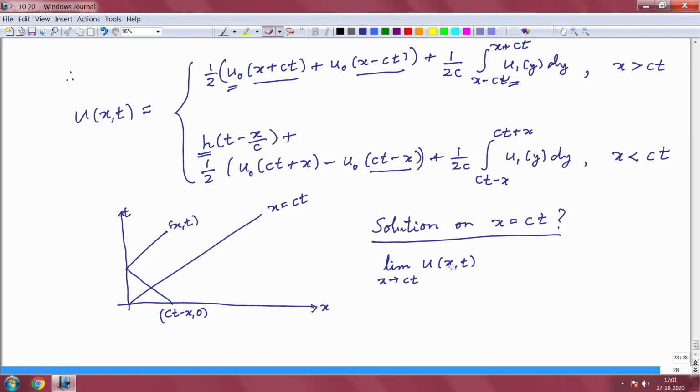You can take (y,s) approaches (ct,t), where t is any positive number.